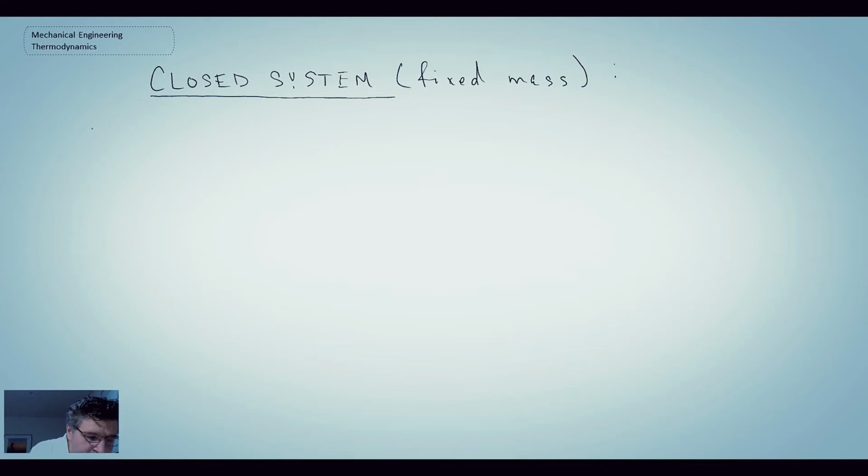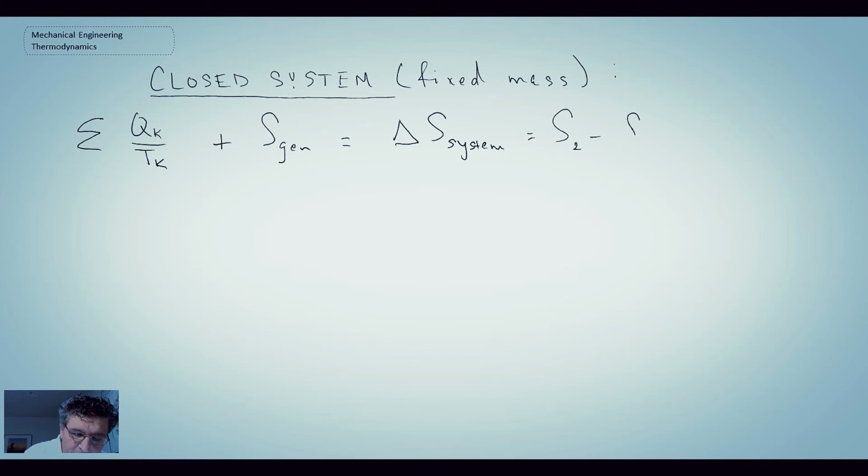The equation for this will be the sum of the heat transfer that is taking place across our boundary plus any kind of generation, and that is equal to the change of the system. That would be quantified by entropy at state 2 minus entropy at state 1 if we were going through a process. The units of this are kilojoules per Kelvin.